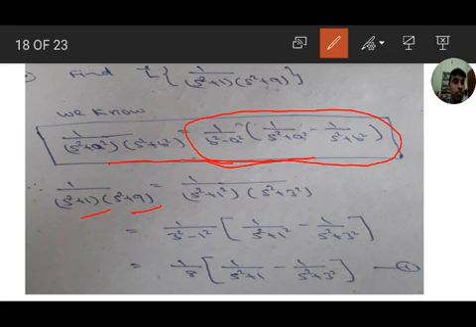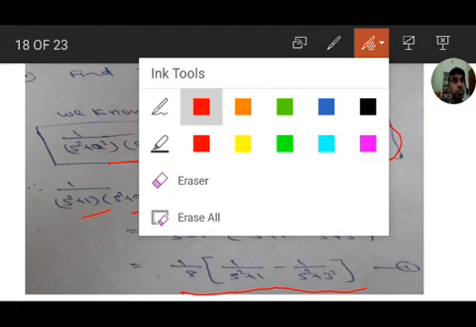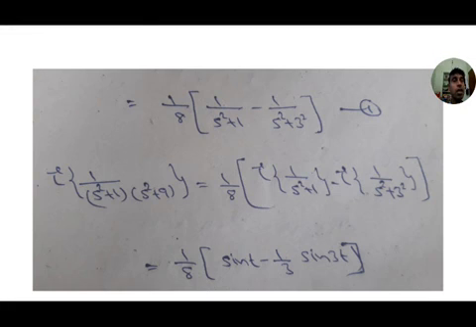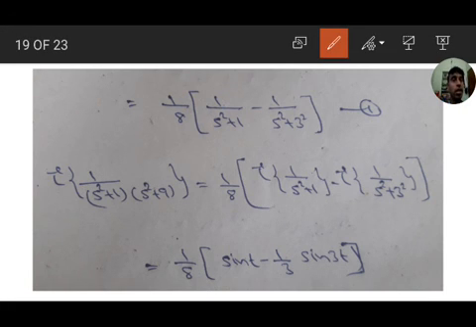Substituting these values, we get 1 by 8 into (1 by (s square plus 1) minus 1 by (s square plus 3 square)). So apply the formula.